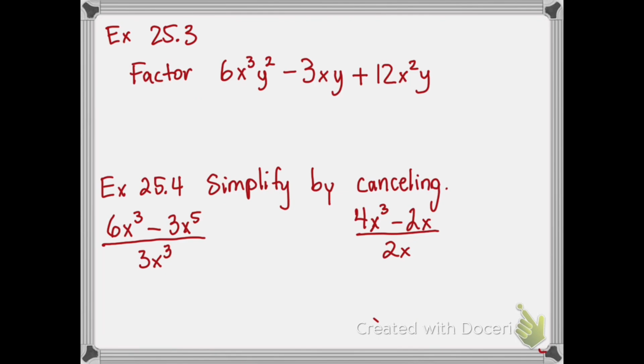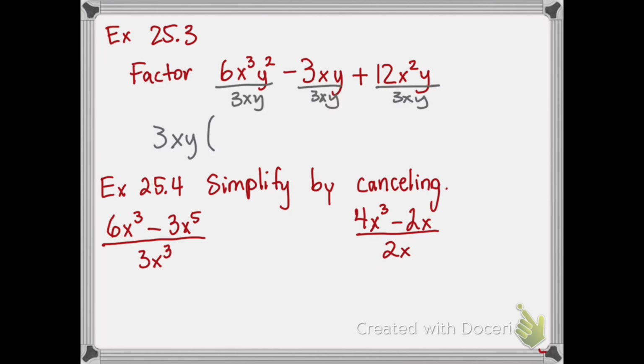The next example is exactly the same, but we have 3 terms. Now the greatest common factor for 6, 3, and 12 is 3. For the letters, it's going to be x and y because those are common letters and the smallest exponent they appear with is 1. So we're going to divide everything by 3xy.